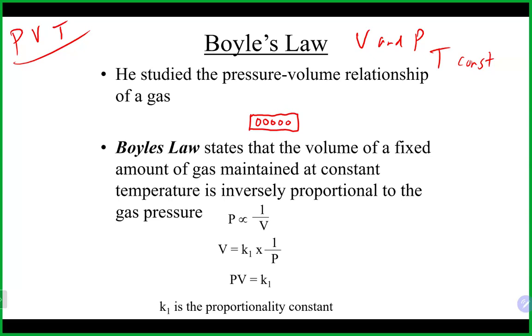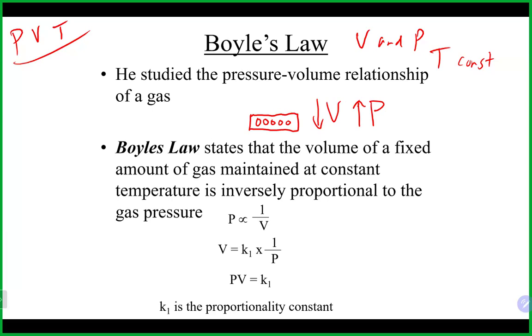Because they're all hanging out in a closet, basically, and there's not a lot of room, we're going to see a dramatic increase in the pressure. So as the volume decreased, it causes a lot more collisions, and we see an increase in the pressure.